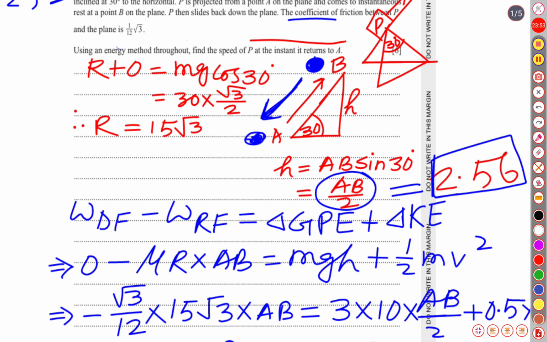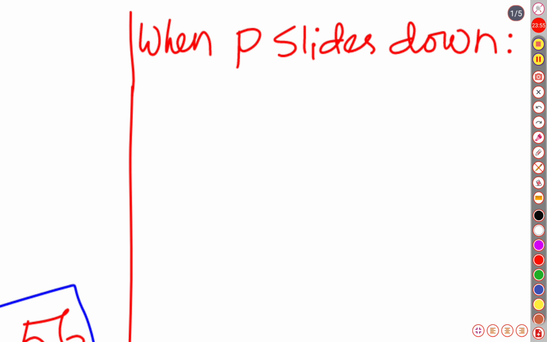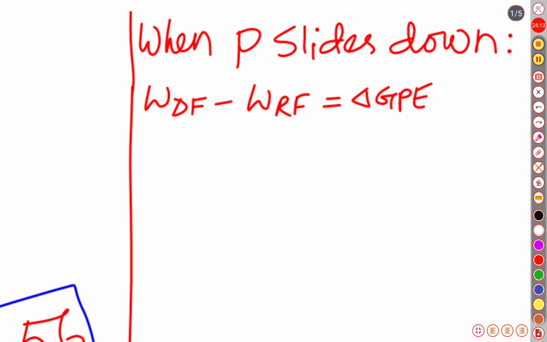Let me find some space. So the second part is when P slides down from B. The concept is the same. Work done by driving force minus work done by resistance to motion is equal to change in GPE plus change in kinetic energy.